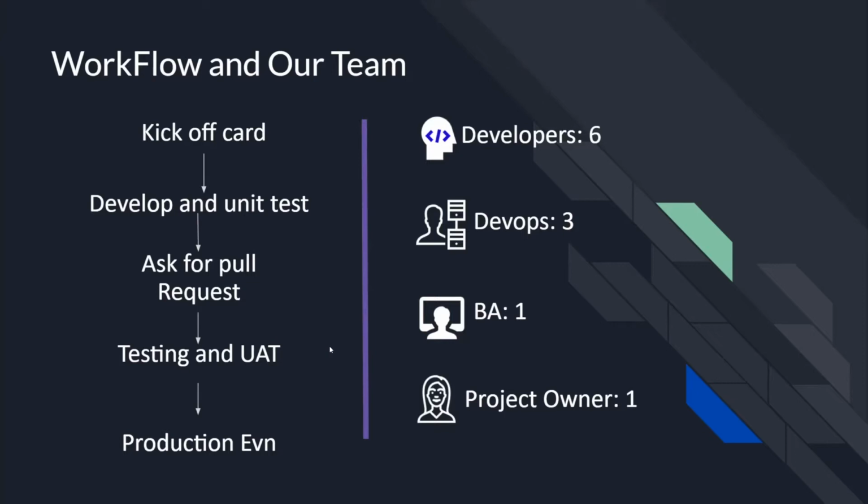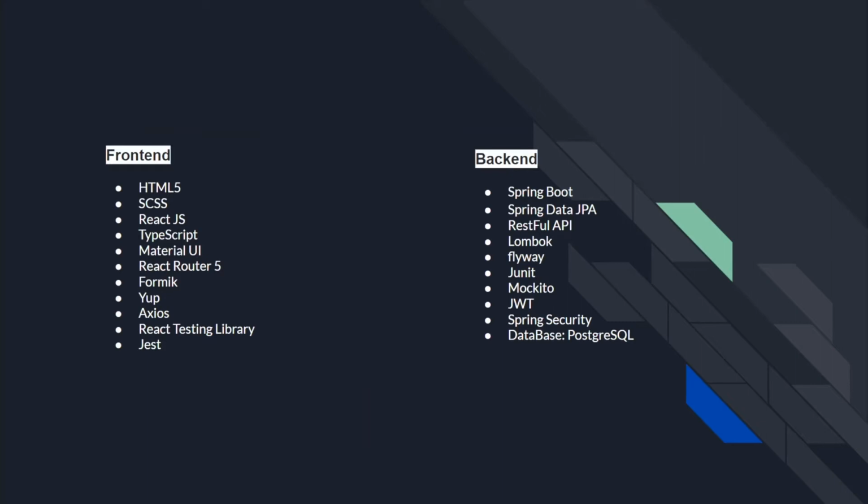After this, the developers would test these functions. If all of the tests have passed, the new functions could be deployed to the production environment. And my teammate Zhifeng will introduce the technology stacks that we used in the back end and front end.